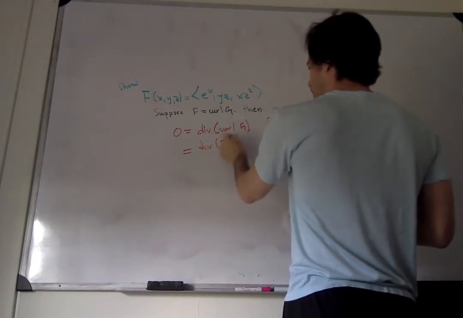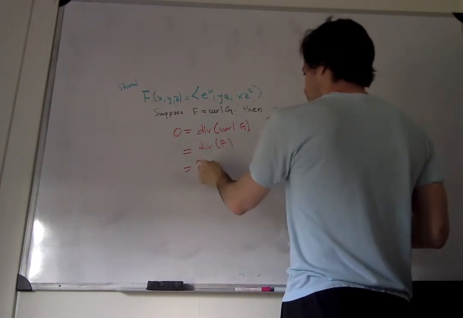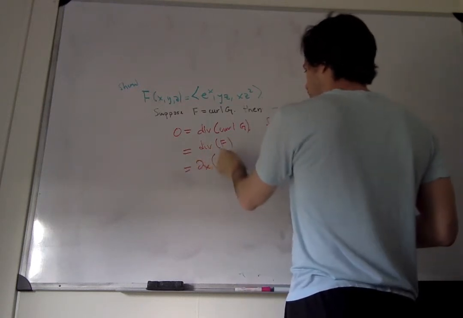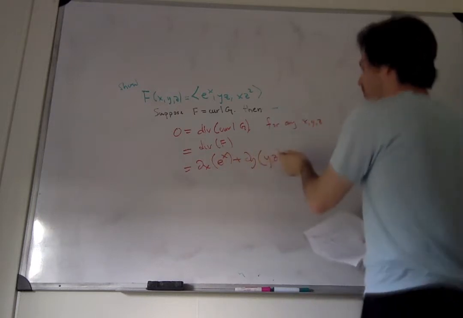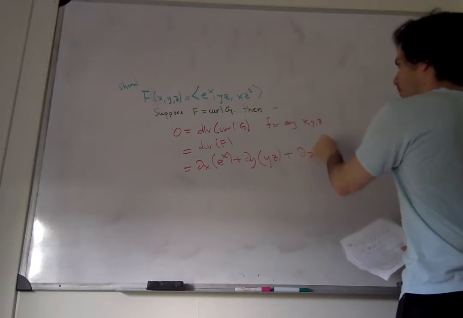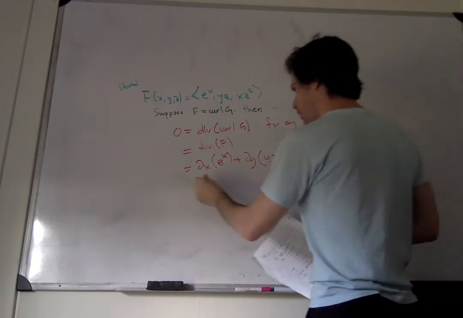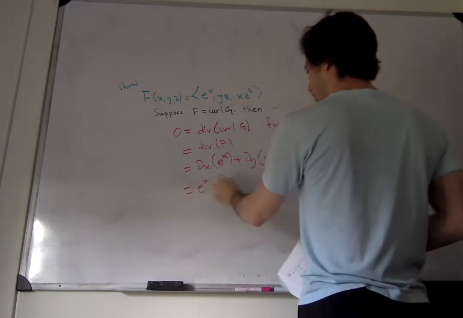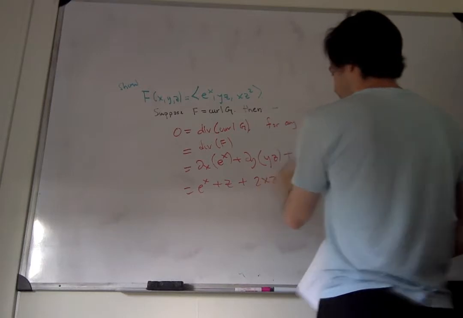So this is like that, right? And what is the divergence? Well, the divergence is this. So it's the sum of the derivatives in order. Okay, so this is that, and that is such.